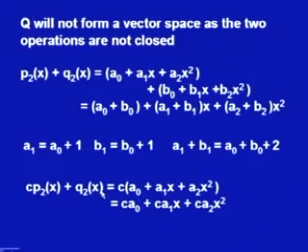If we take Q2(x) to be 0, this means C a1 should be equal to C a0 plus 1, but this is not true because a1 is equal to a0 plus 1, P2(x) being in Q. So, this property is also not satisfied. So, this is also not closed in Q, and that makes Q not a vector space.